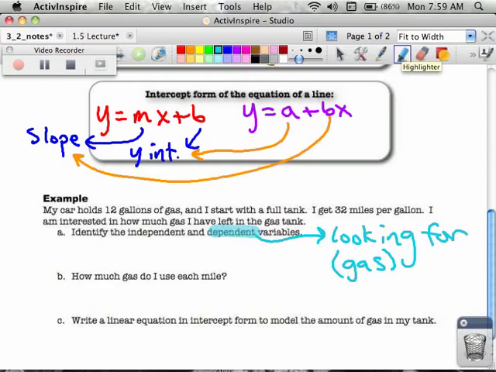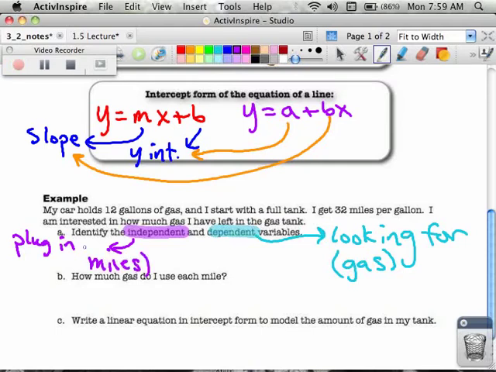In this case, the other thing that they're talking about for the independent variable is what you're going to plug in. If we're not talking about gas, we're talking about miles.